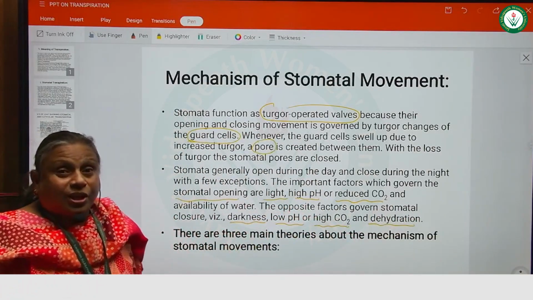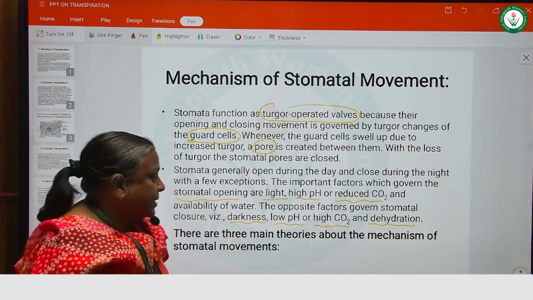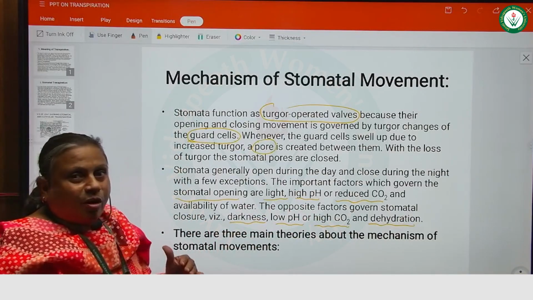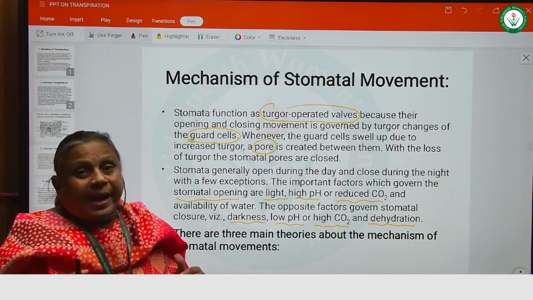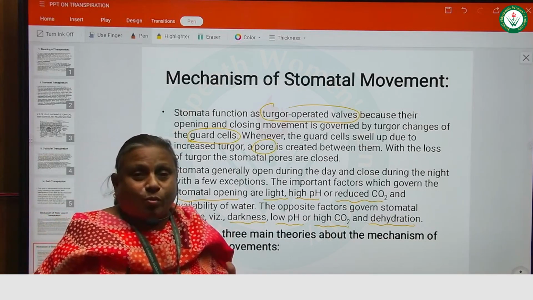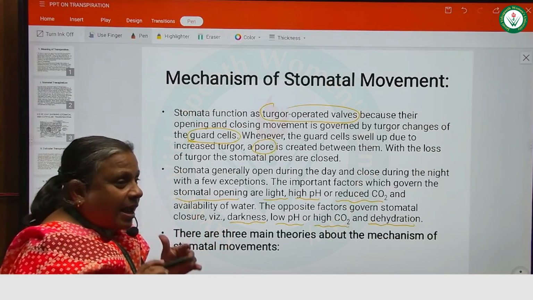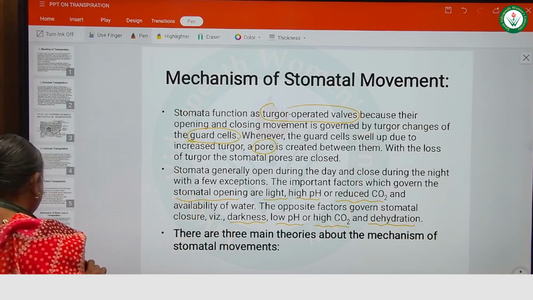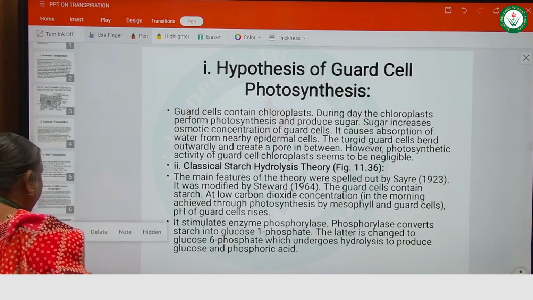Now there are three main theories about the mechanism of stomatal movement, and these three theories are very important from the examination point of view.